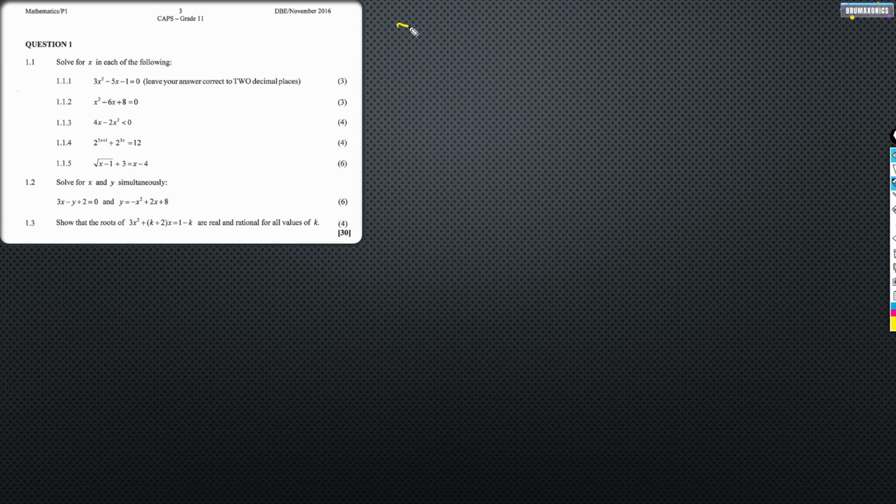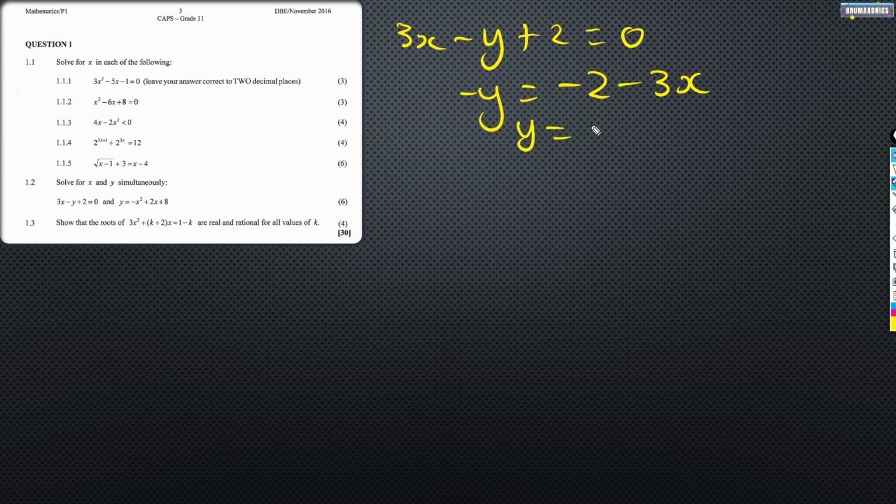So let's say that we have 3x minus y plus 2, which is equal to 0. Avoid the fractions. So I will now say that negative y, which is equal to, take this to the other side, negative 2, the other one to the other side, negative 3x.